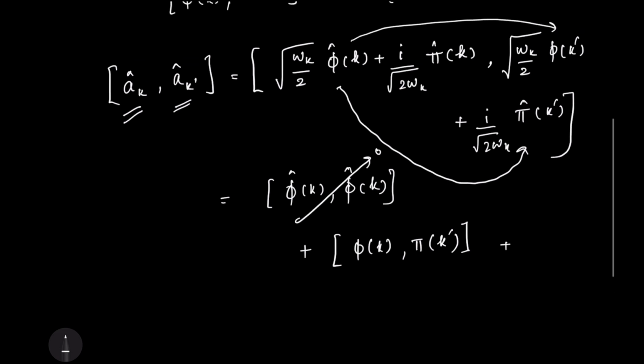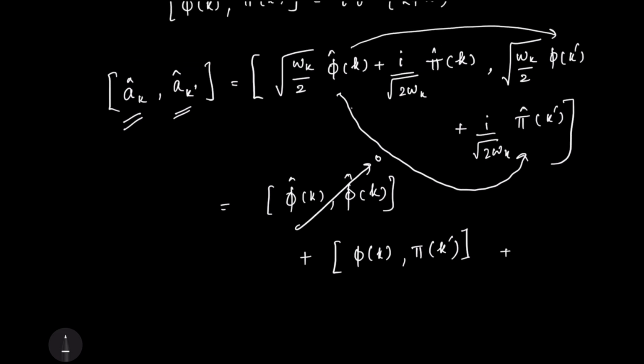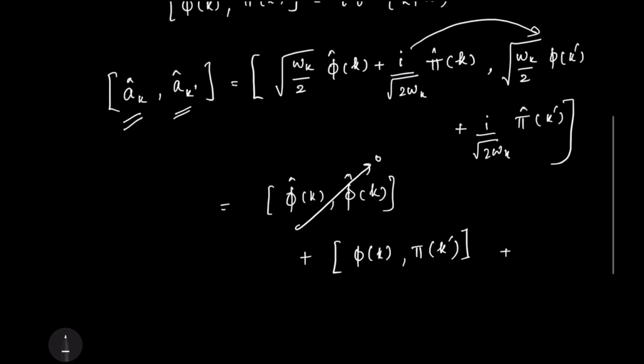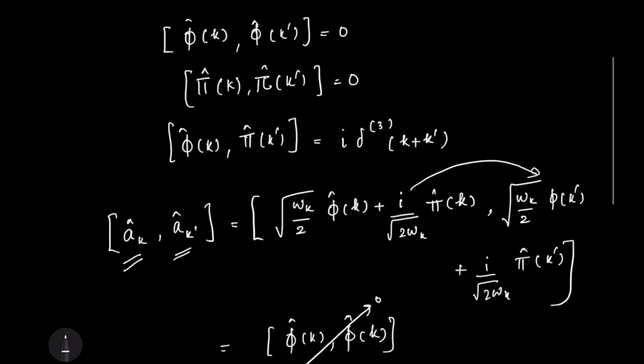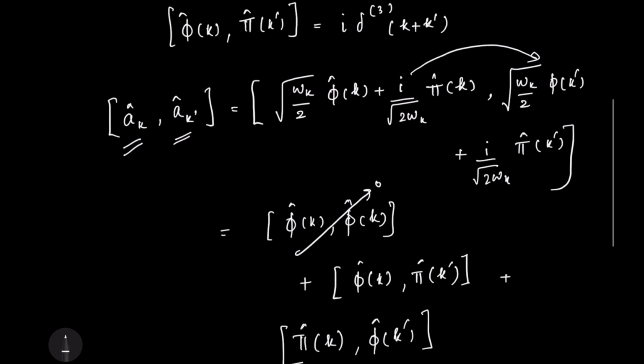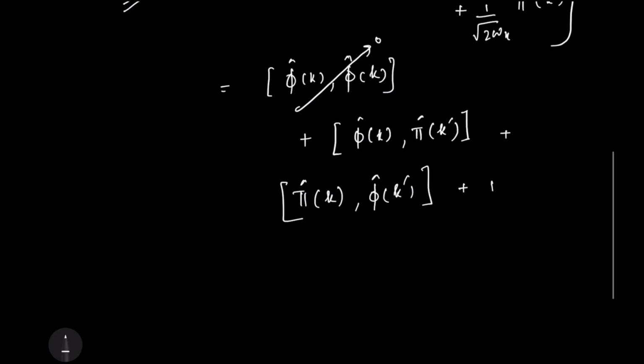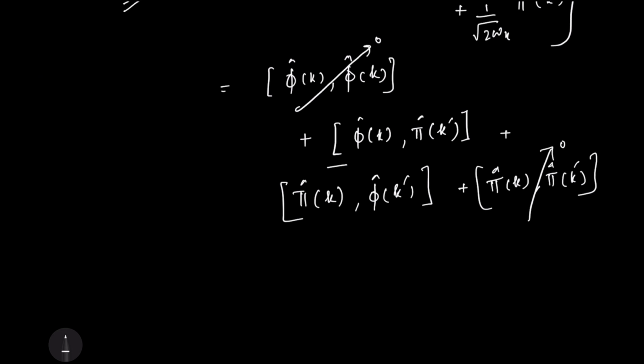Then the second term with the first term, pi(k) and phi(k prime). Then pi and pi will be 0. So the only non-zero terms are the second and third terms.